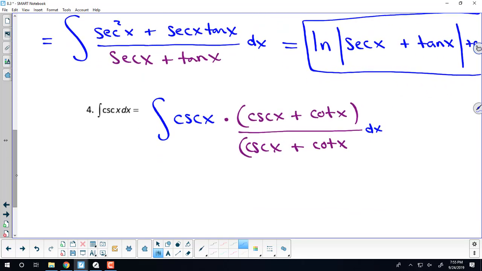Especially for these last two, you don't have to remember what we multiply by to force it into logarithmic form. You just need to remember that the antiderivative of secant is ln secant plus tangent.